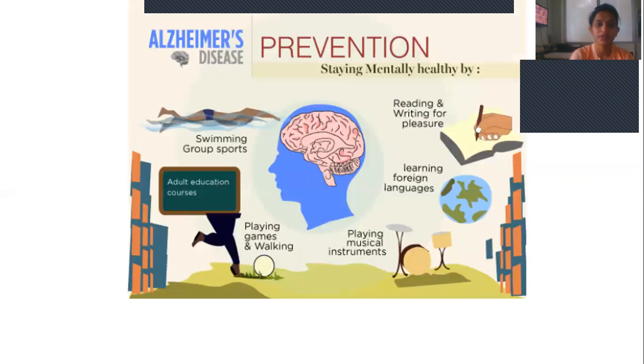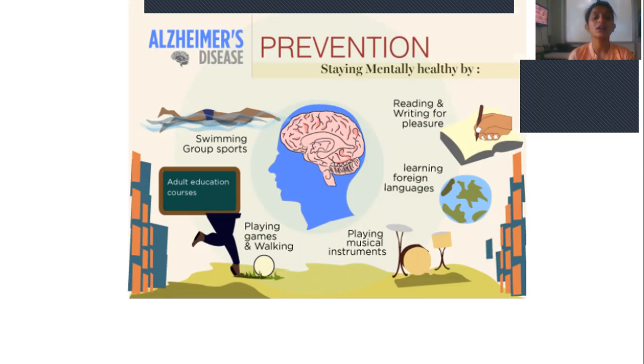This is a picture showing prevention, how to prevent Alzheimer's disease. As we already know, this is seen most commonly in old age, in obese people, and in those with alcoholic habits. It mainly involves the memory process, so we have to do activities which will keep our brain continuously active.